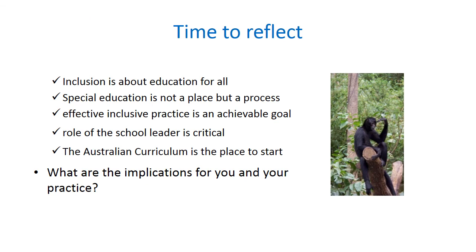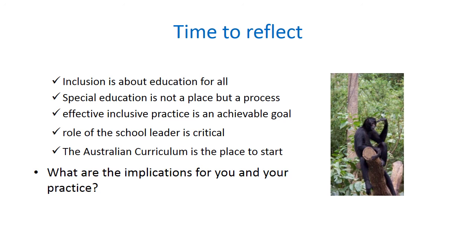So if we think about what we've been covering tonight, it's really been the start of thinking about inclusive curriculum practice. We talk about inclusion as education for all. It's not about identifying the odd one out in the classroom. It's about thinking about all our learners and meeting them where they are.